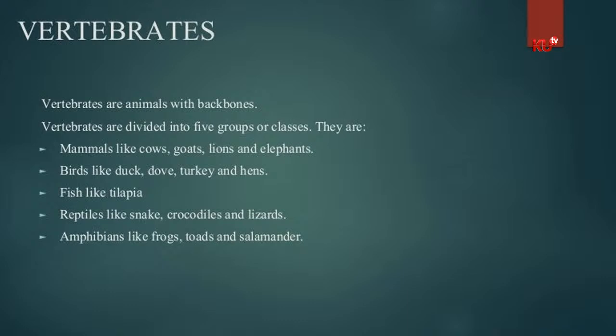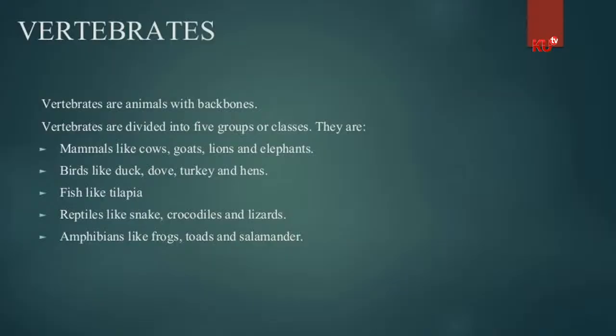Then last but not least, in the group of vertebrates, the last category is made up of amphibians. And examples of amphibians are frogs, toad, and salamander.